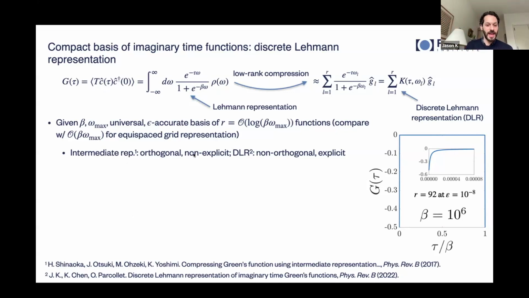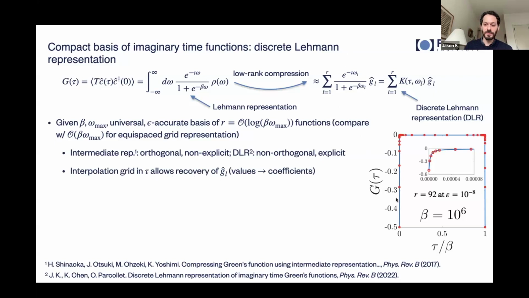In the end, the IR is an orthogonal basis, but the basis functions are not explicit. They're not exponentials like this, whereas our basis is non-orthogonal, but we get an exponential basis, which we like for reasons which you'll see.